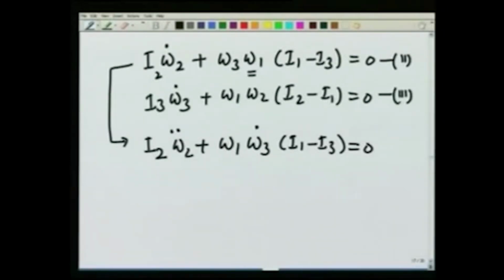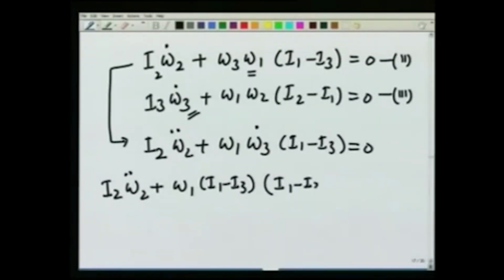Let us substitute for omega 3 dot from equation number 3 to get I2 omega 2 double dot plus omega 1 (I1 minus I3), and now substitute for omega 3 dot, it will be a minus sign, so I will write this as (I1 minus I2) omega 1 omega 2 divided by I3 is equal to 0.